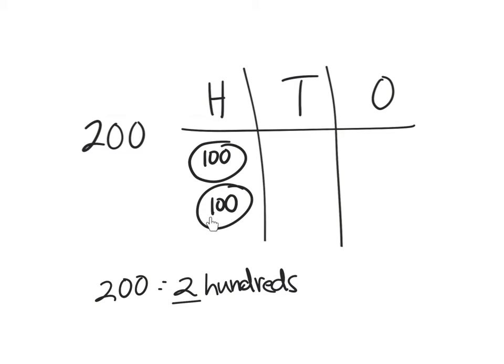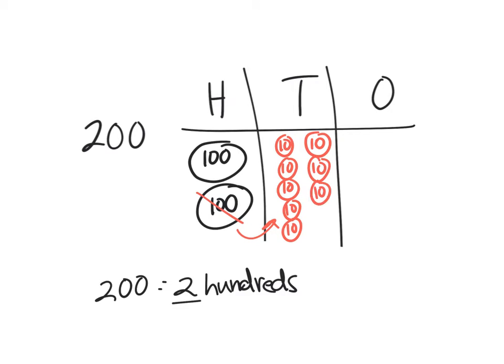Okay? But now I want to unbundle one of these. 10, 20, 30, 40, 50, 60, 70, 80, 90, 100.